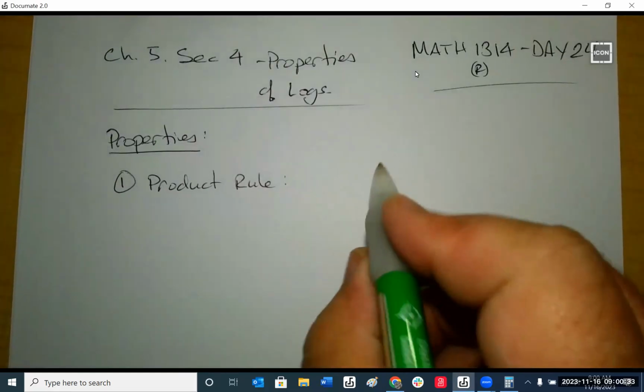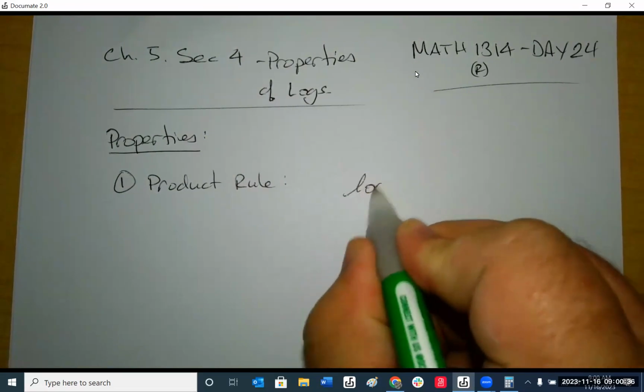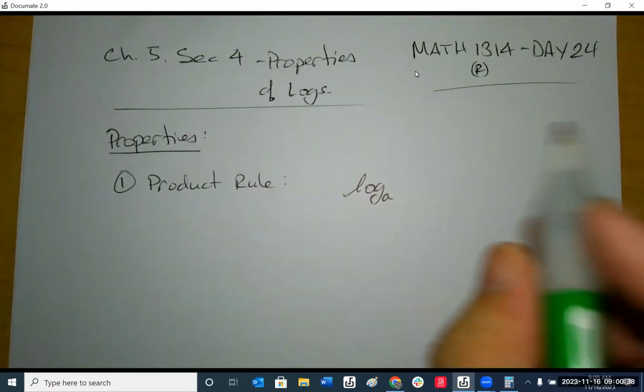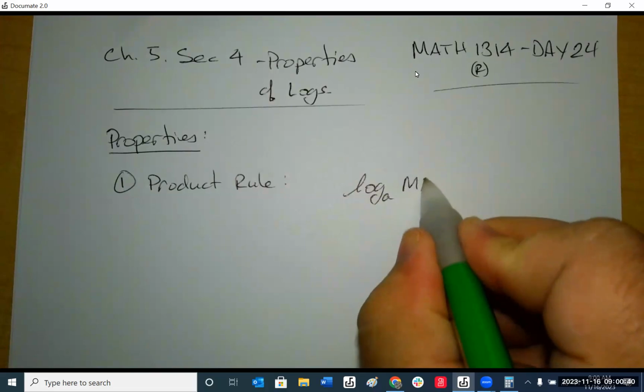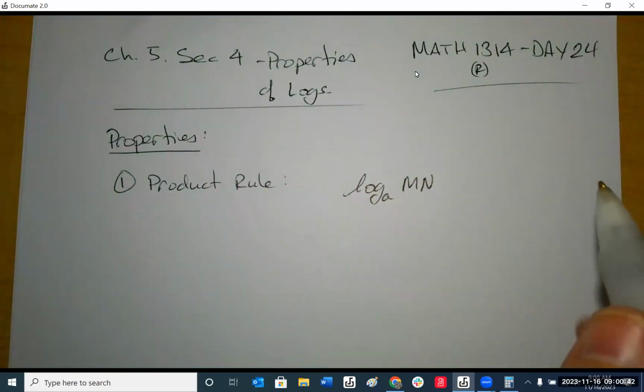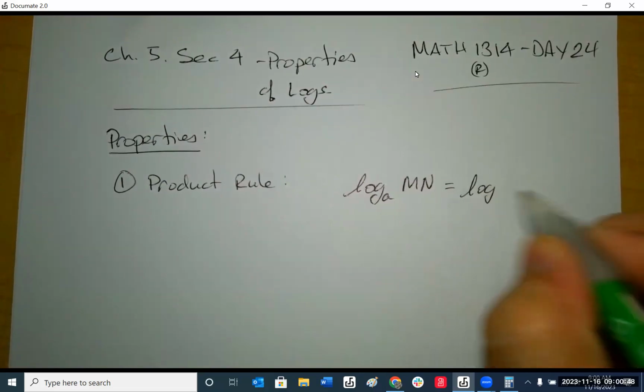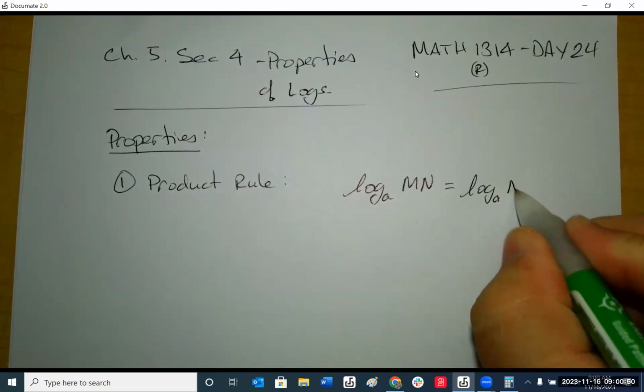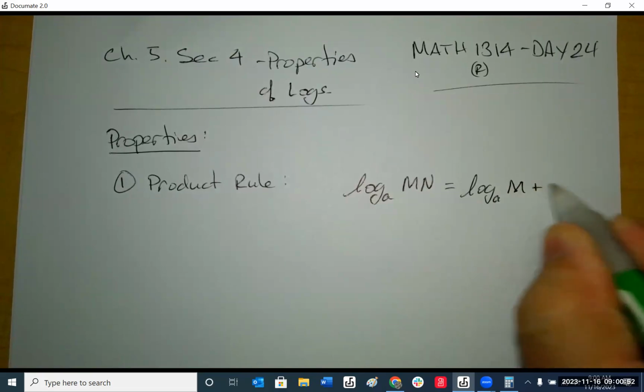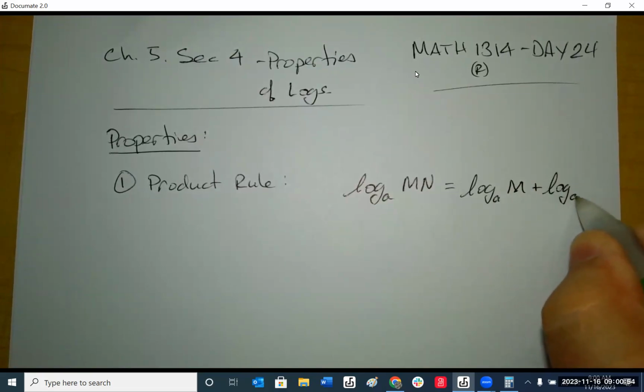The product rule says this: if I'm taking a log, any base, and I have a product of two terms, I can expand those. Since multiplication makes things bigger, I'll add those two numbers together.